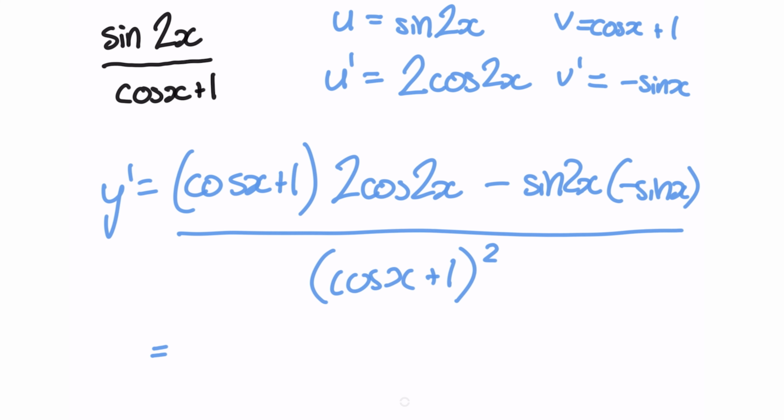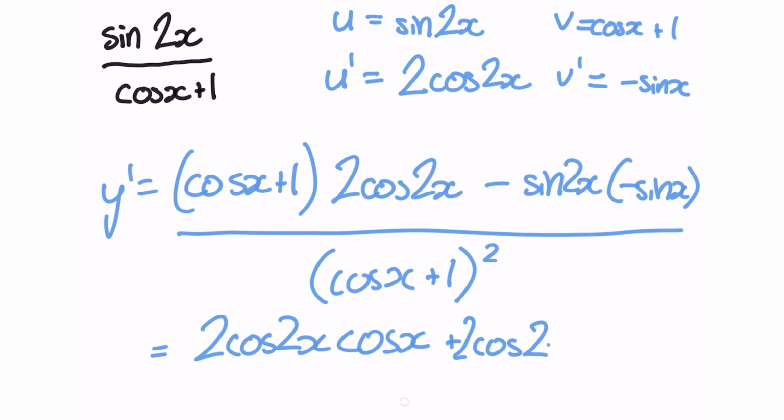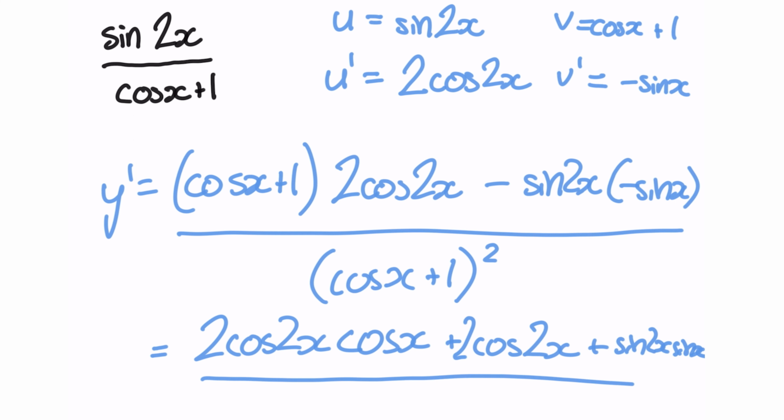So therefore, this will be 2 cos 2x cos x plus 2 cos 2x plus sine 2x sine x on cos x plus 1 squared.